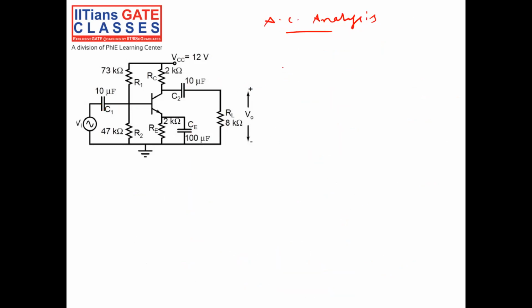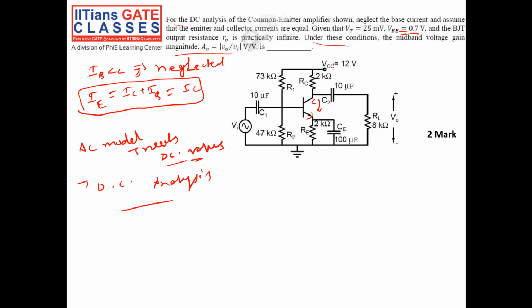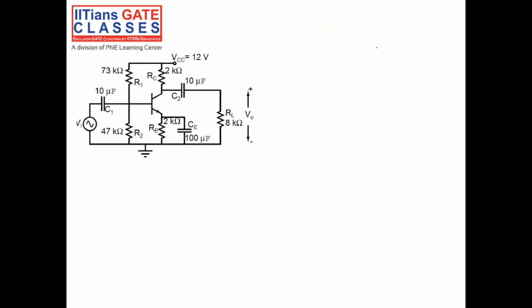So in AC analysis, in the frequency of interest, midband frequency, these capacitors will behave like a short circuit, right? Because it is given also. So let us do the AC equivalent circuit. For AC, I'll assume that there is no DC, because now I am only interested in AC or small signals.